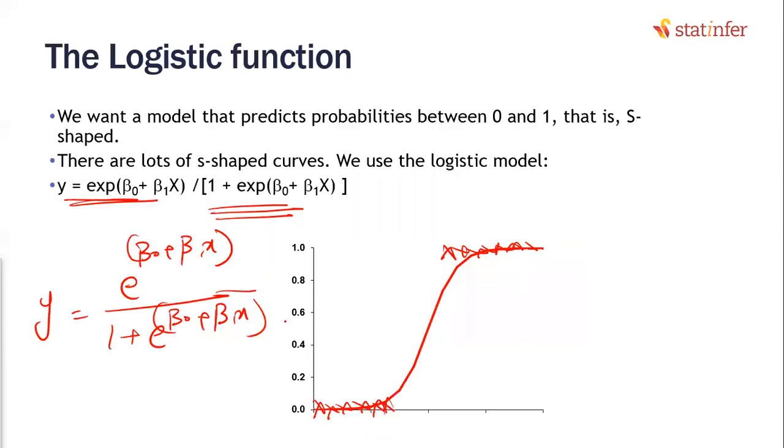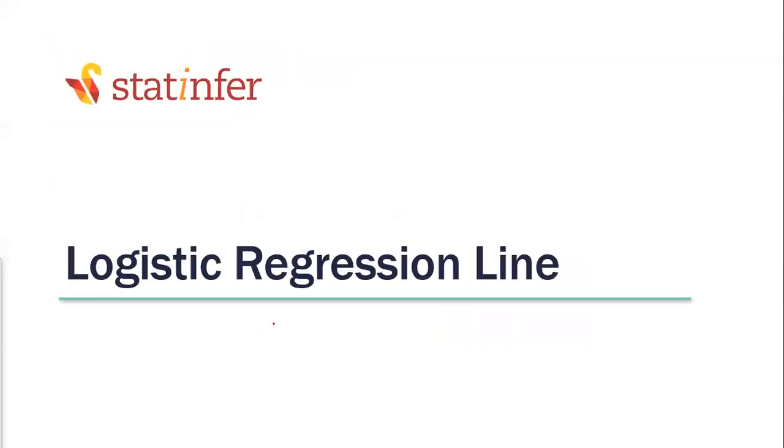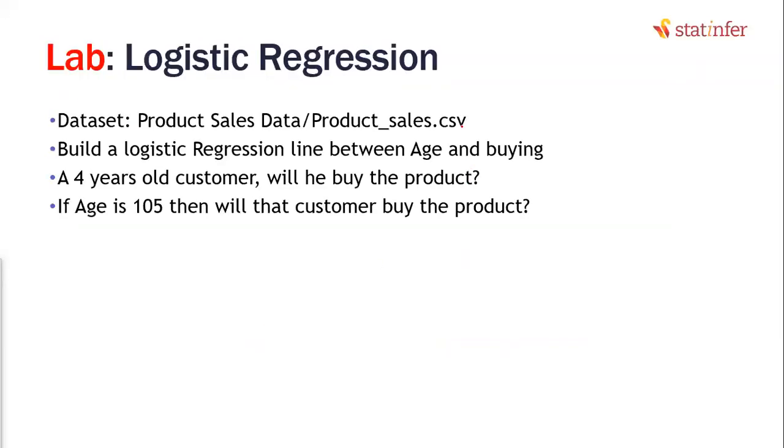So for our particular problem here, the bottom line is, instead of building a linear regression line on product sales data, what you need to build is a logistic regression line. What is the difference? Instead of saying linear regression, you would say, hey, build logistic regression. That's the only difference.